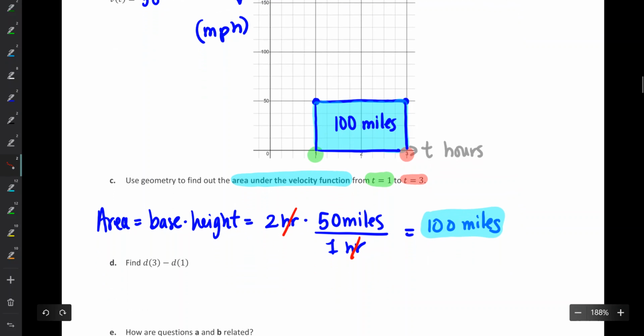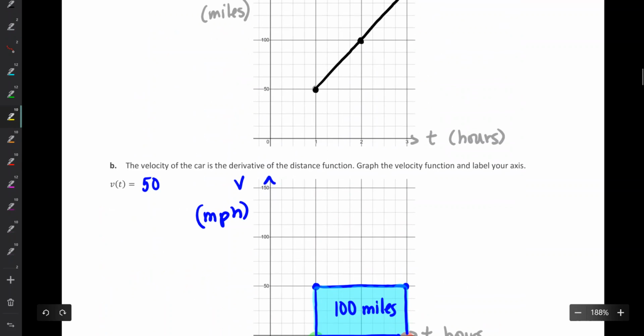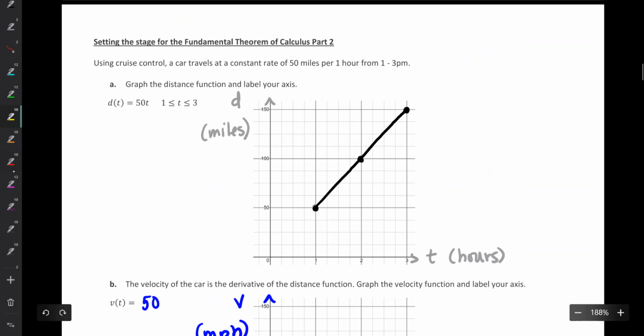Now let's go back to my distance function, and I want to find a difference in the heights here, d3 minus d1. So let's go back up to that graph. I'm going to scooch my miles down.